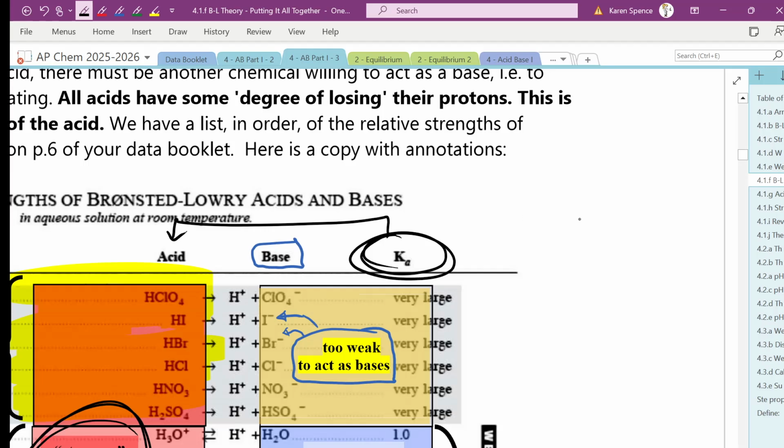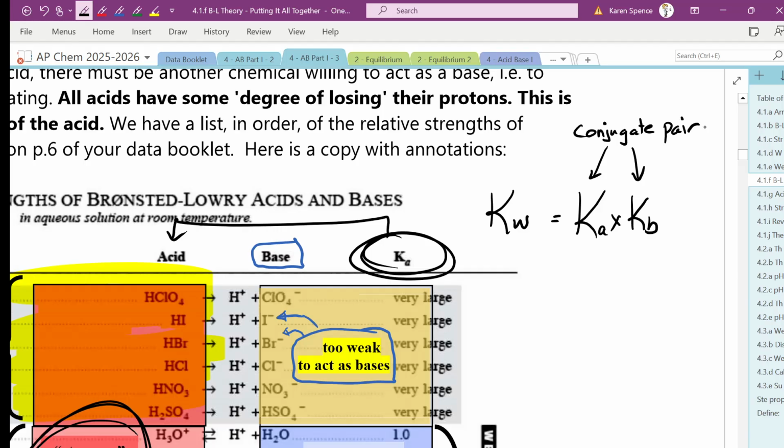And it turns out that if you take Ka and you multiply by Kb, you get Kw. And because Kw is a constant, and these are for a conjugate acid-base pair, you would have the Ka of HA and the Kb of A minus.